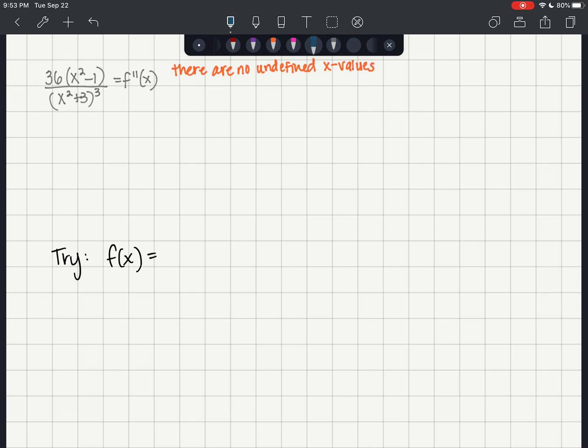However, I can set this equal to 0, and I'm going to have a fraction equal to 0, and the only way that can happen is if the numerator is equal to 0. So therefore, when I set that numerator equal to 0, I'm going to get x equals plus or minus 1. So there are my numbers that are going to break up my domain of negative infinity to positive infinity and possibly change my concavity.